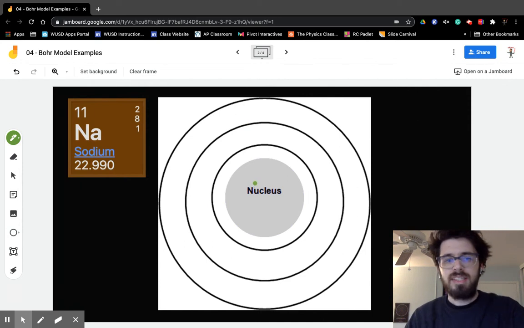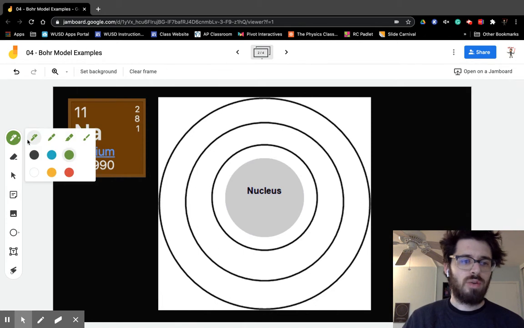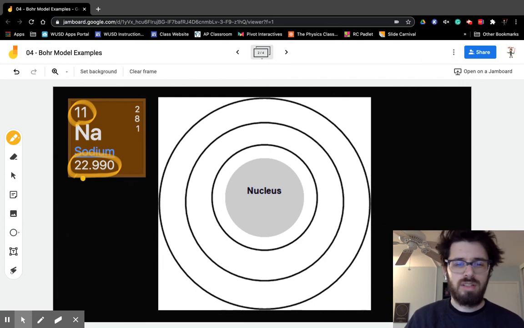Okay. So the next example is that of drawing a Bohr model of sodium. If we were to go back to our highlighter, we can see that sodium has an atomic number of 11 and a mass number of 23, which tells us that there's 11 protons and there are 12 neutrons, adding up to 23.